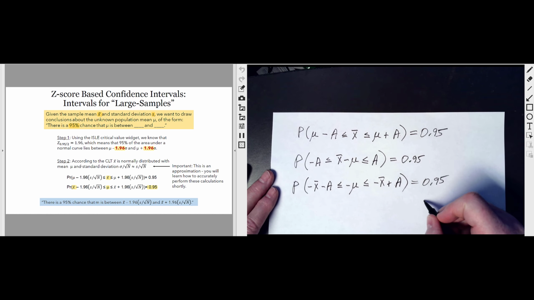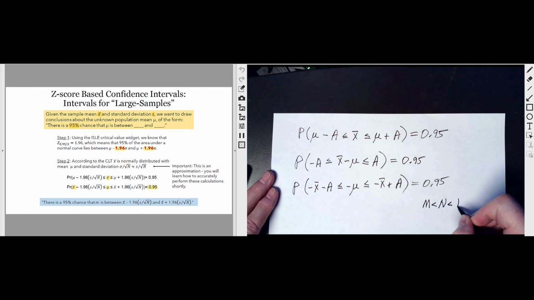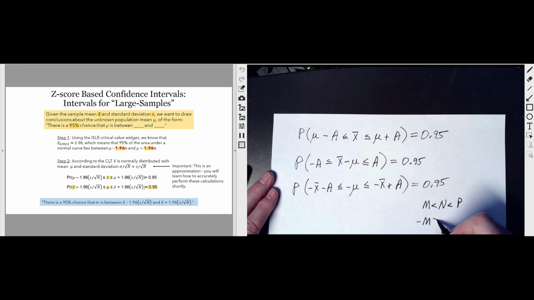If m is less than n, which is less than p, then I think you'll believe me that minus m has to be greater than minus n, which has to be greater than minus p. Okay, so if we multiply through by -1, the inequalities switch around.